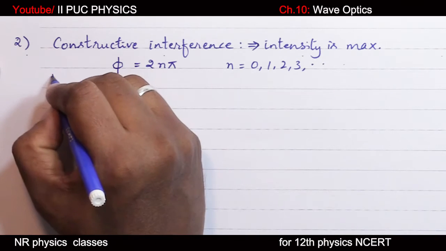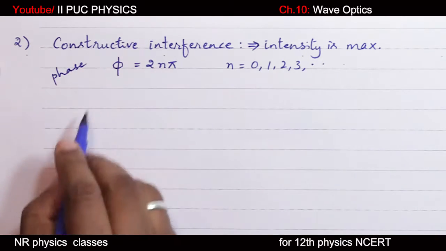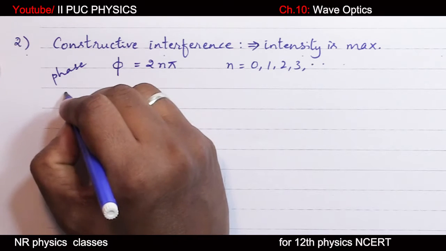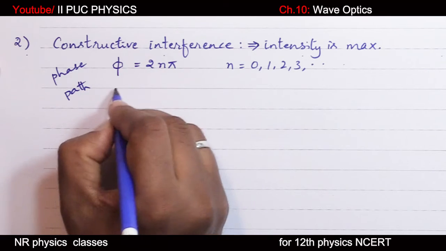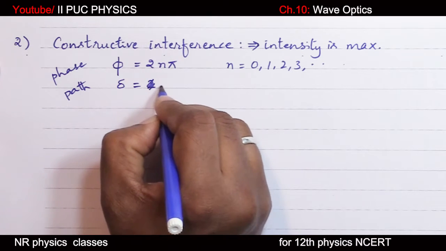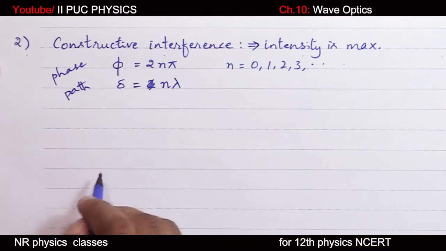So phase difference should be in terms of pi. Similarly, path difference delta equal to n lambda.